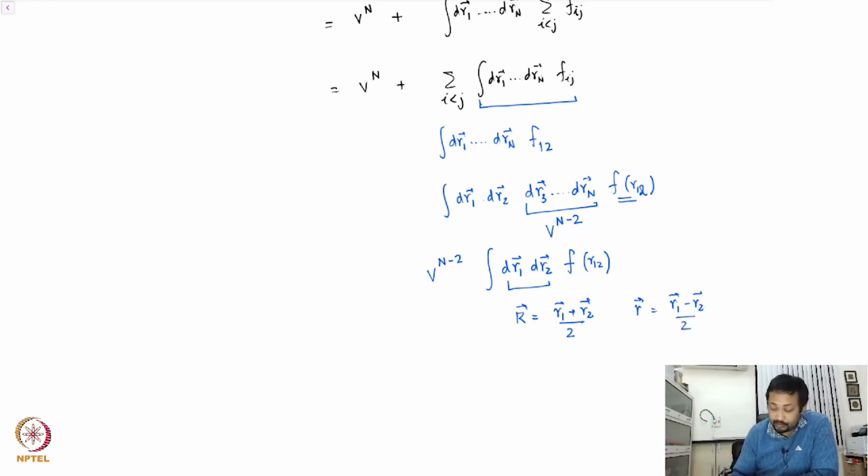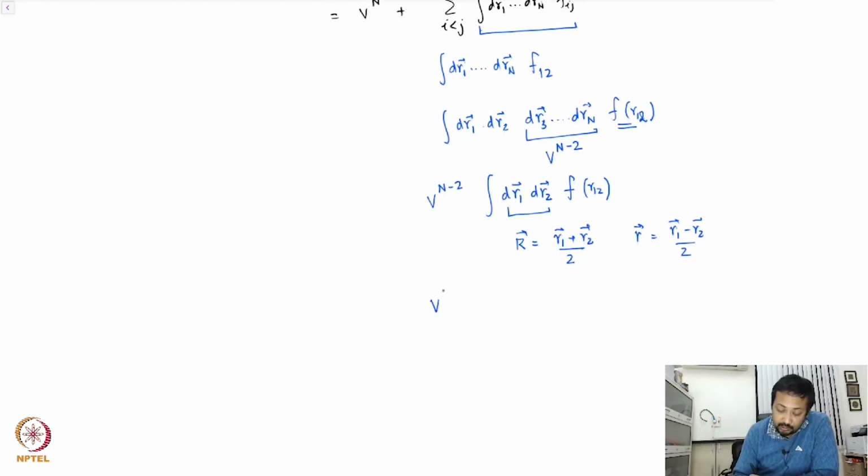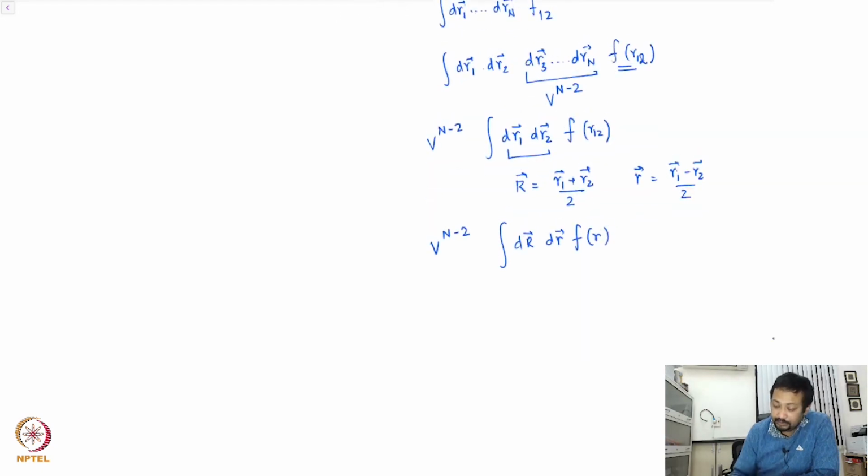The Jacobian of the transformation is unity, and you are going to get V to the power n minus 2 times the integral d of r, small r, f of r. This is a scalar r, please note that, whereas this is an integral over a vector.